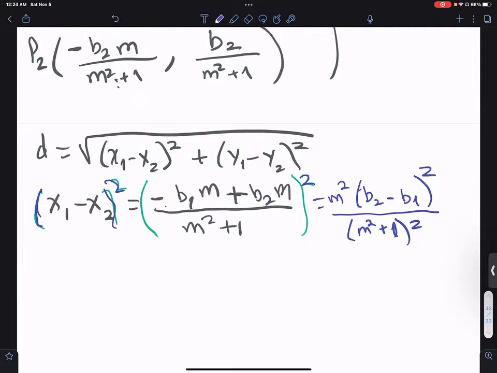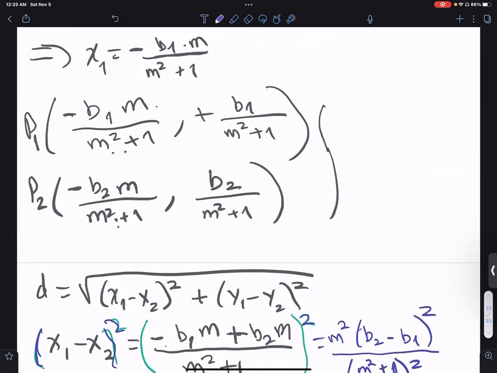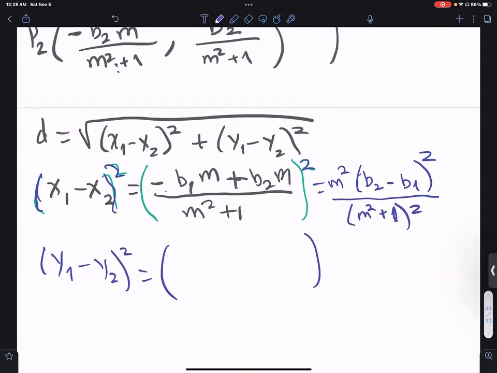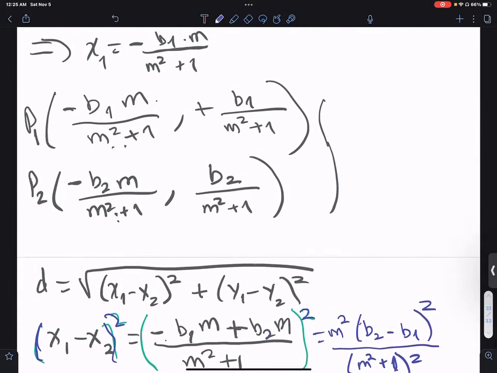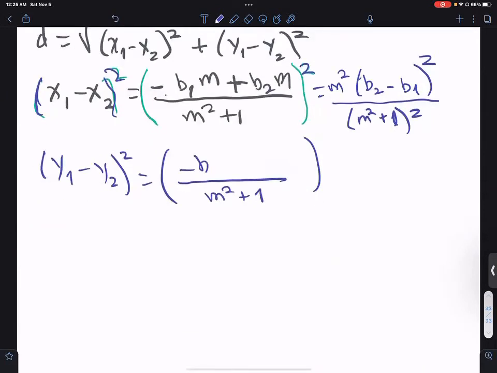Let's do the y2, y1 minus y2 squared. Okay, let's do the y. Same thing with the y. The y have the same denominator, which is m squared plus 1. In the denominator, there's no m. It's going to be negative b1 plus b2.